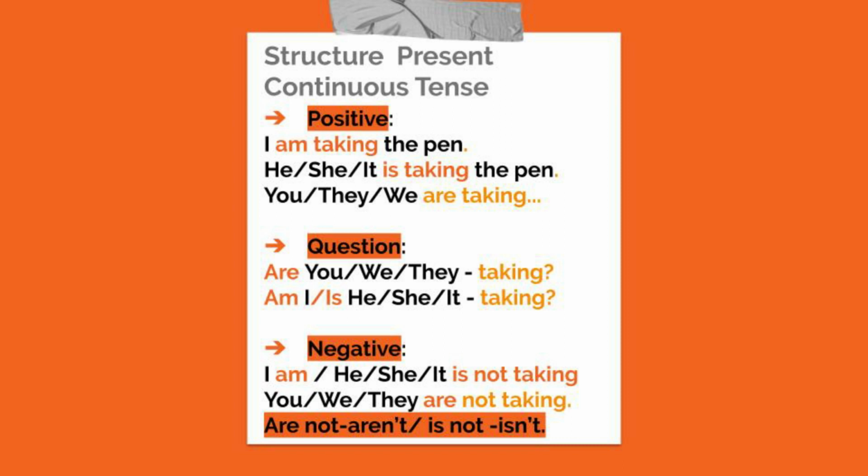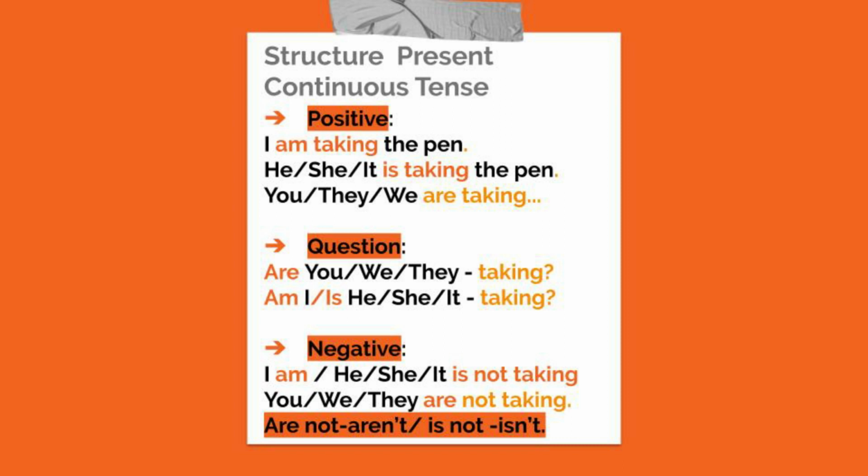Let's look at the positive sentence. I am taking the pen. He is taking the pen. She is taking the pen. It is taking the pen. Now, if we use the pronouns we, they, you, it becomes we are taking the pen. They are taking the pen. You are taking the pen. So, I is followed by am. He, she, it is followed by is.